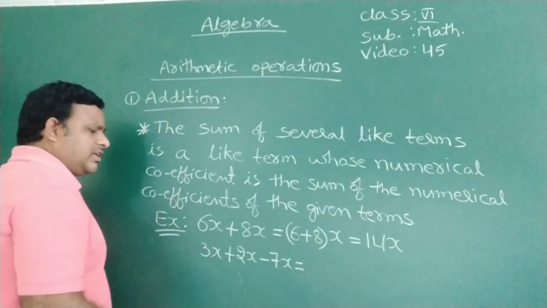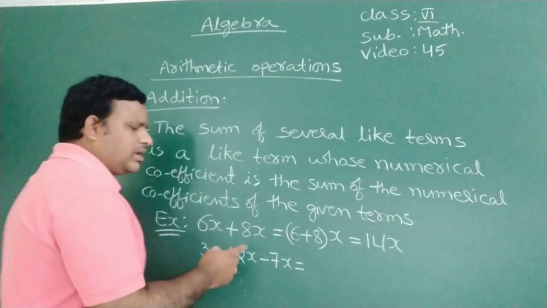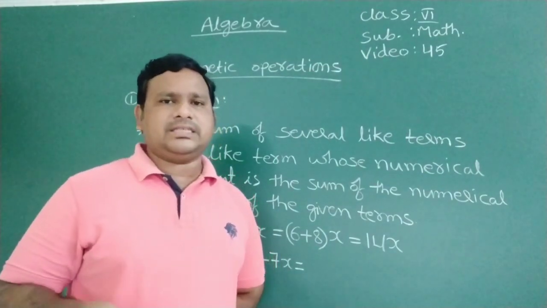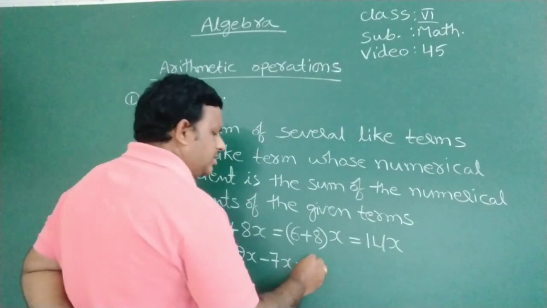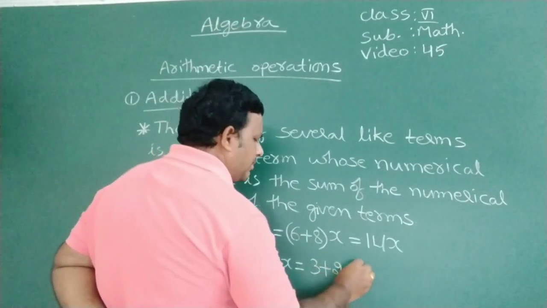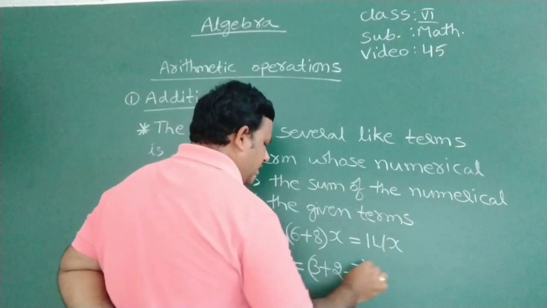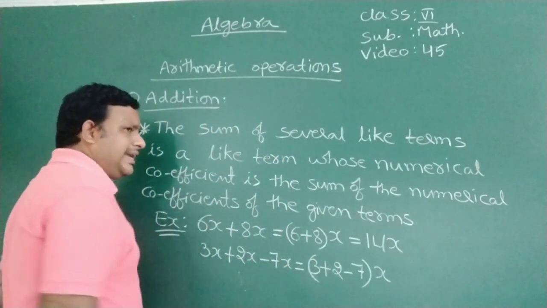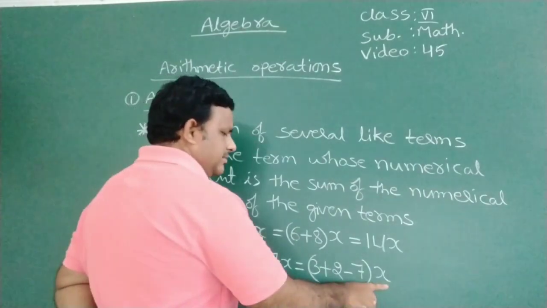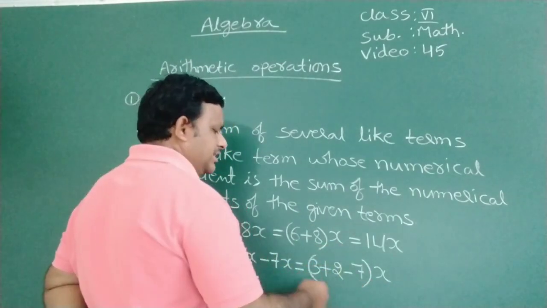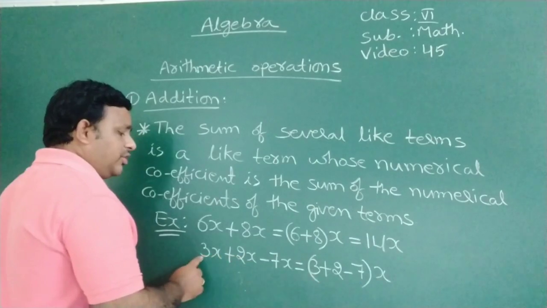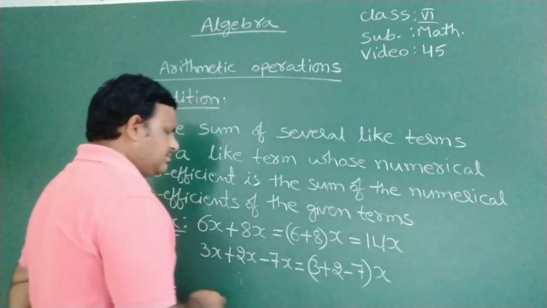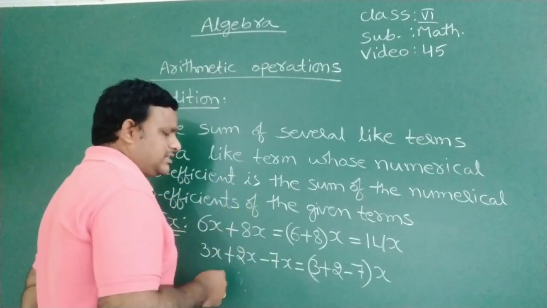In the same manner, suppose three terms are there, like 3x plus 2x minus 7x. In this, what should we do? We have to consider the numerical coefficients and the variable will be as it is. So (3 plus 2 minus 7)x, that's the thing we have to do. The given terms are 3x, 2x and minus 7x.